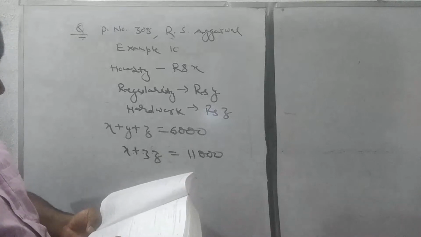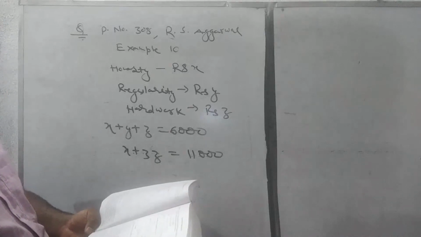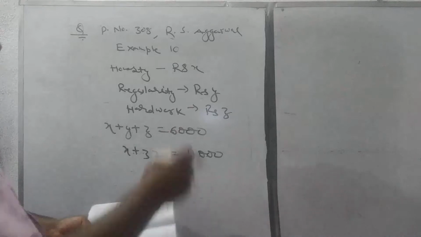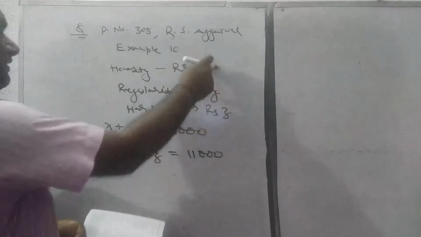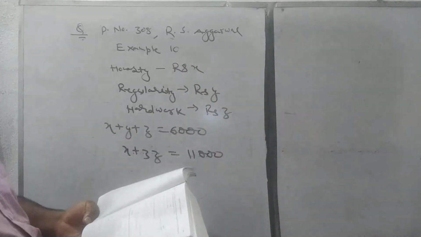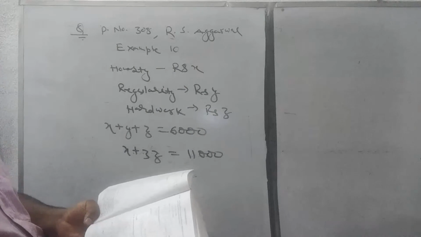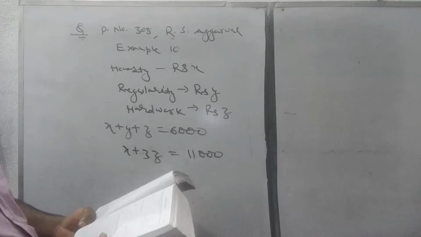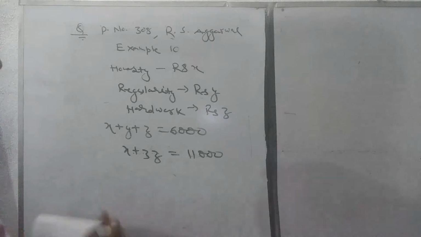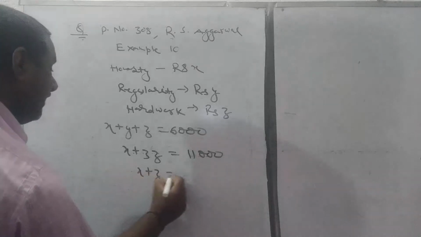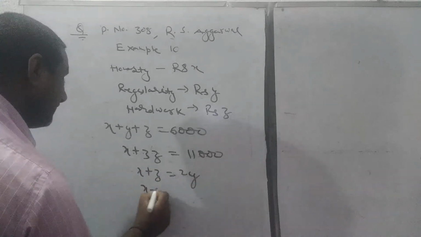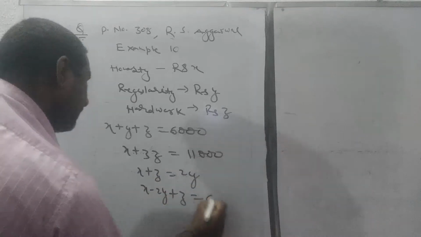Then the award money given for honesty and hard work, which means X plus Z, together is double the one given for regularity. That is X plus Z is equal to 2Y, or X minus 2Y plus Z is equal to 0.